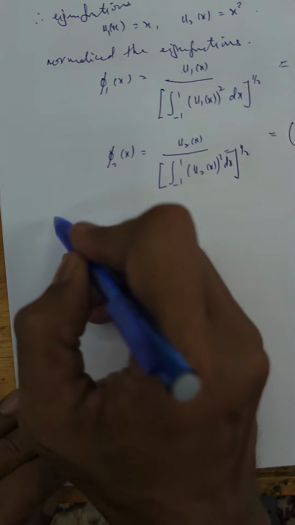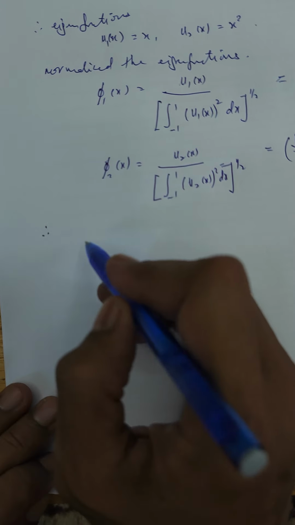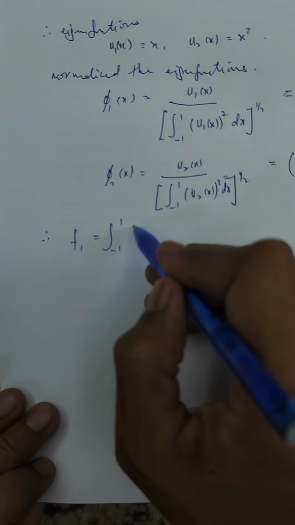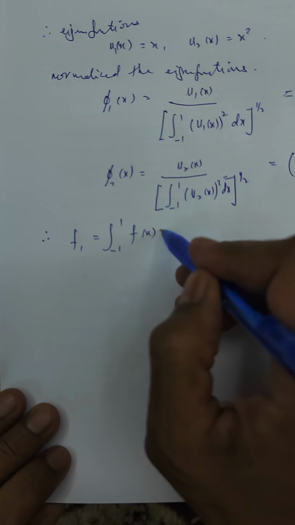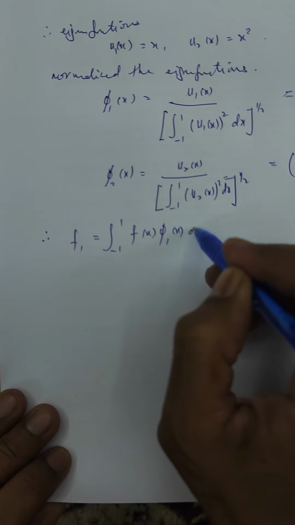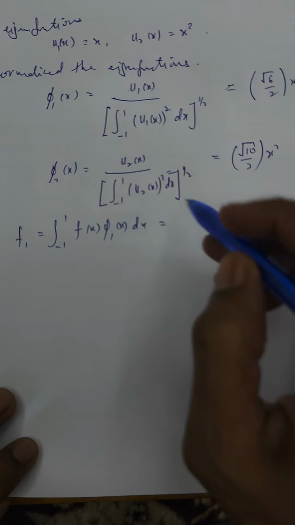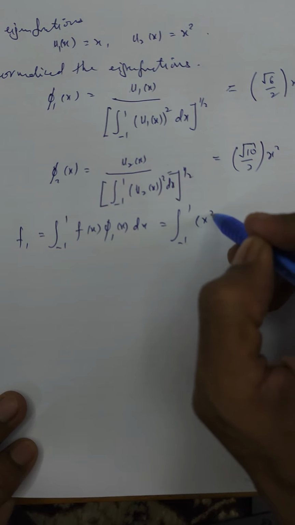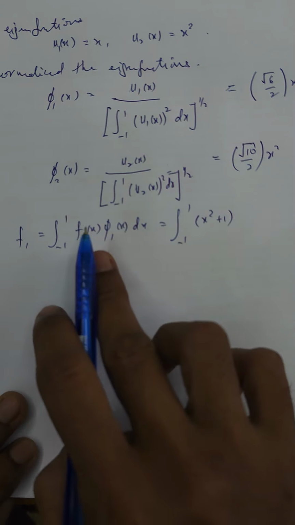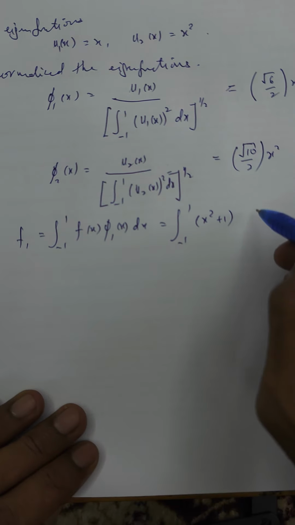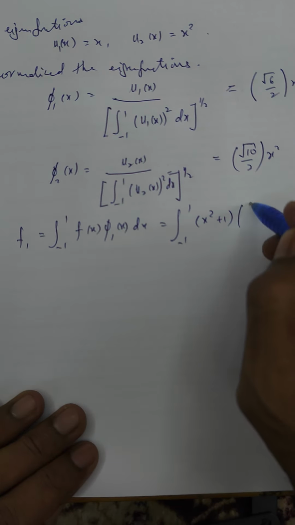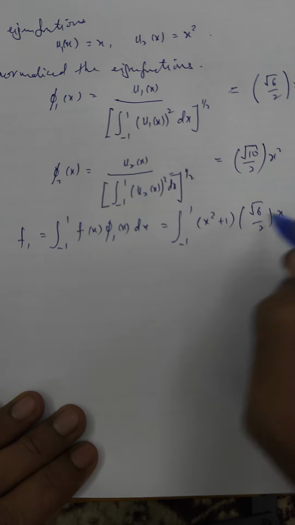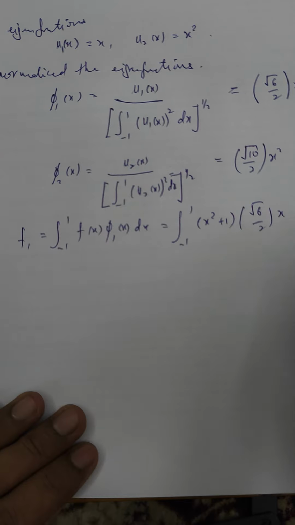Our f1 is given as the integral from minus 1 to 1 of f(x) phi 1(x) dx. Our f(x) is x squared plus 1, and our phi 1(x) is square root of 6 over 2 times x. You evaluate this, that will give you 0.